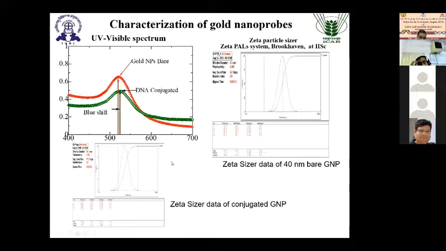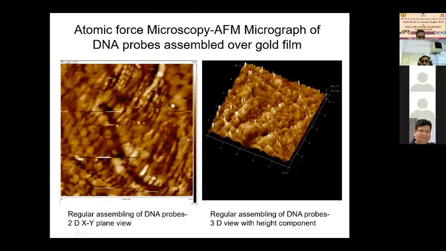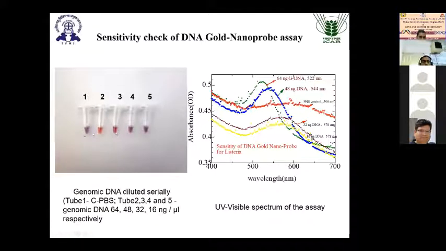But the test works, with a shift in the spectrum and a shift in the color. And this is the sensitivity check that we did for the DNA gold probe for Listeria monocytogenes. Next, please.